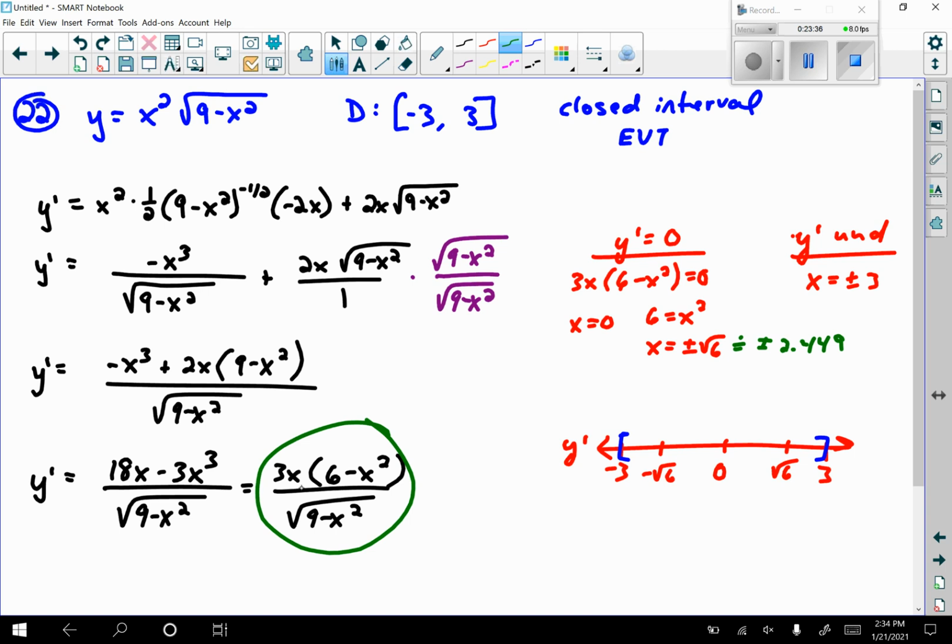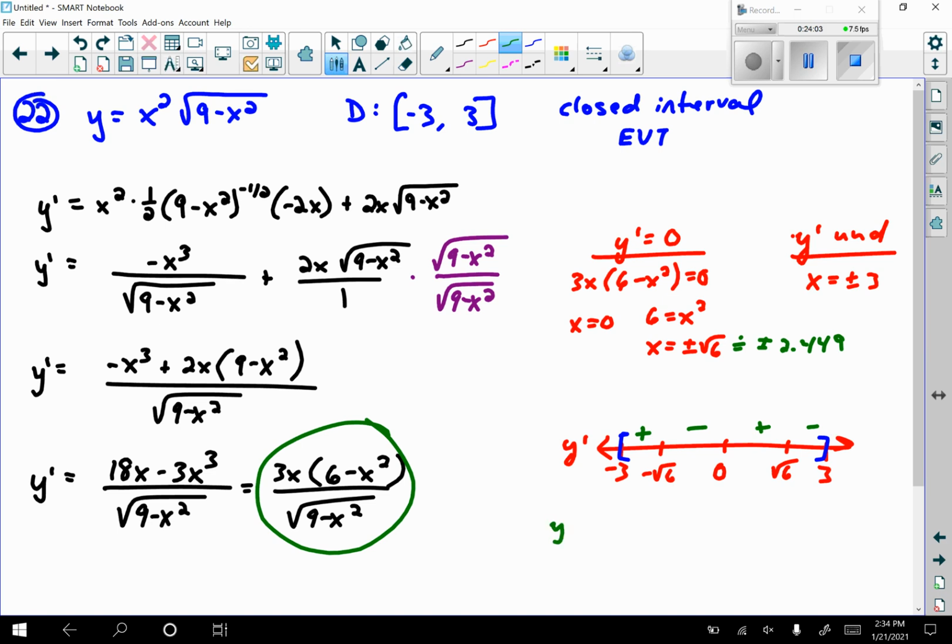But again, you could use your calculator, and in doing so, let's say you tested a negative 2.7 here and then a positive 2.7. You should be getting positives over there. That'd be different on that end if it were positive. In between negative radical 6 and 0, that should be negative. You should get a positive between 0 and radical 6 and then a negative over here.